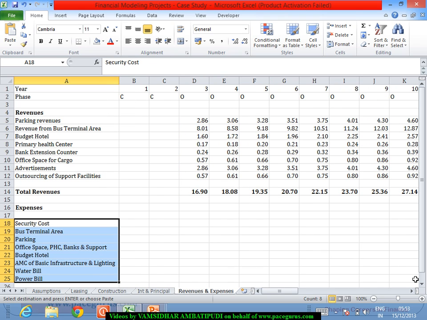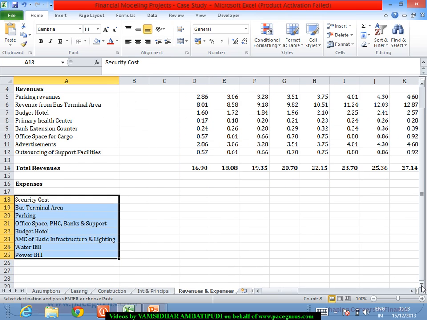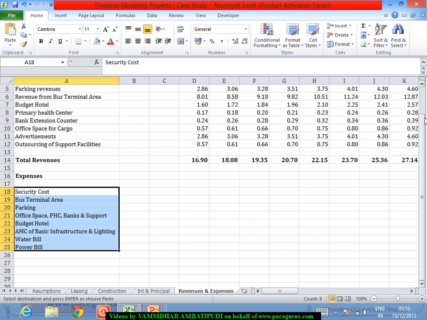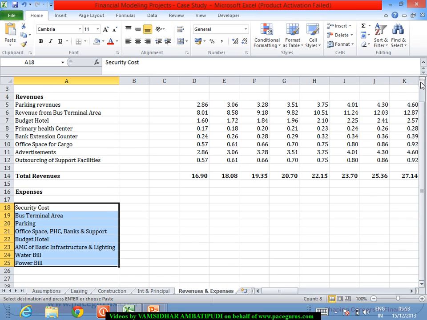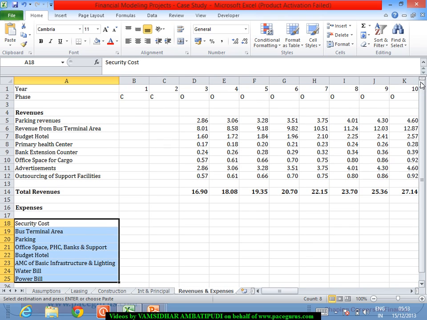These are our various headers for expenses, but some of these expenses have a slightly different behavior compared to our revenues, so we have to be slightly careful in terms of handling these numbers, right? Operations wise, these are the expenses for us.